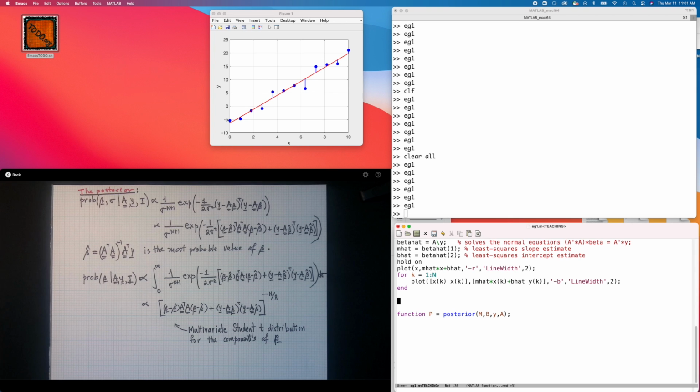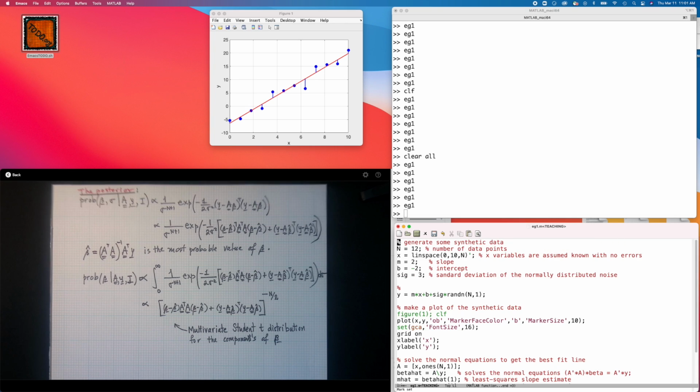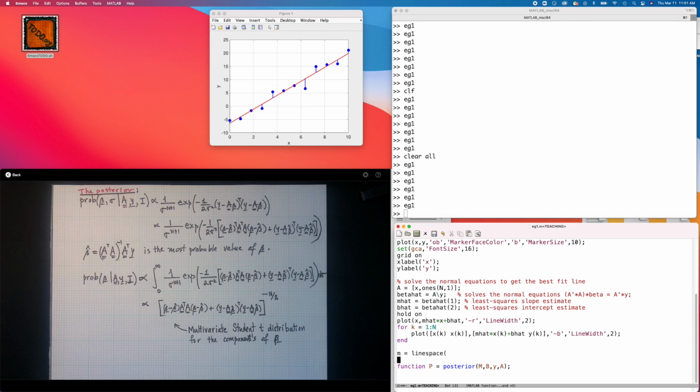And let me show you how I will generate the M and the B. M, linspace. Let's see what range I should put. So the true values are 2 and minus 2. Now, in reality, you don't know the true values, so there might be some trial and error. You might use a range around the most probable. Maybe that's what I should do.